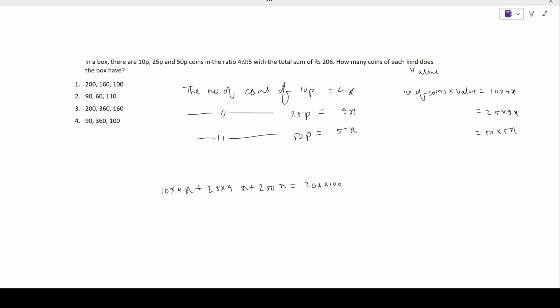Converting rupees into paise, we multiply rupees by 100. We have 40x plus 225x plus 250x is equal to 20600.